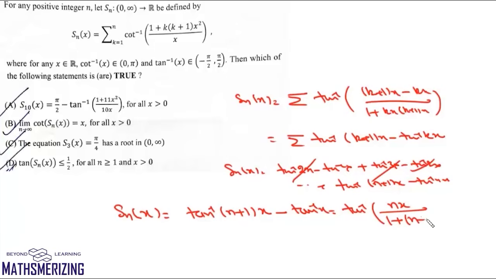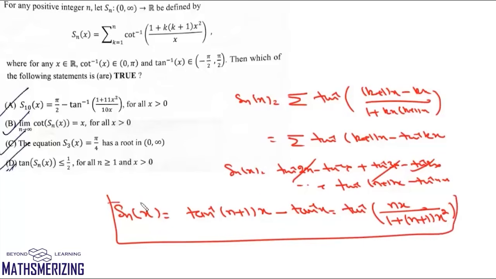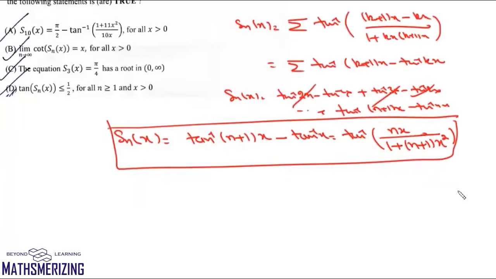So it will be n plus 1 into x square, and that's your function S_n(x). Now the first part is we need to find S_10(x). Now this S_10(x) will be tan inverse of 10x upon 1 plus 11x square.